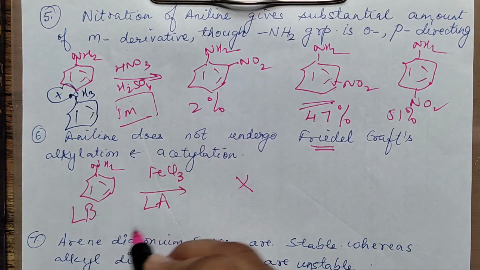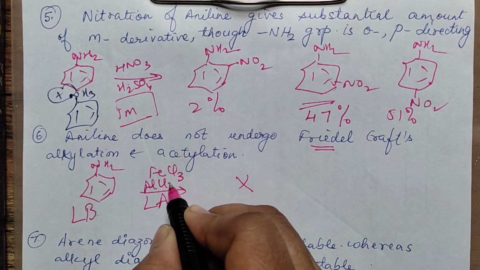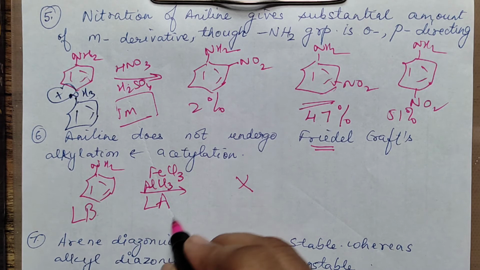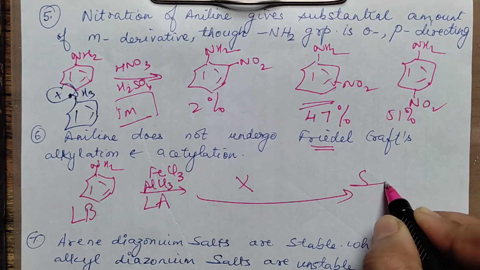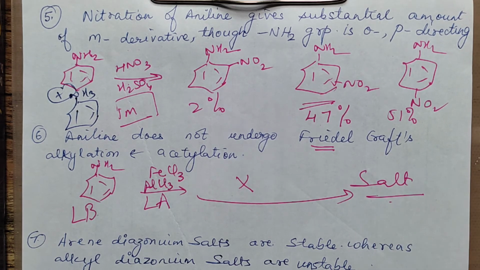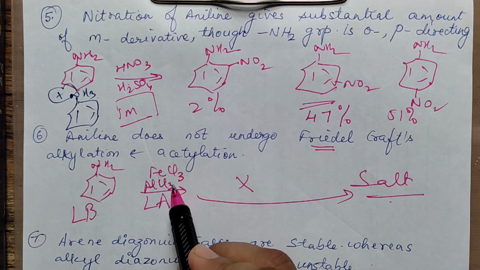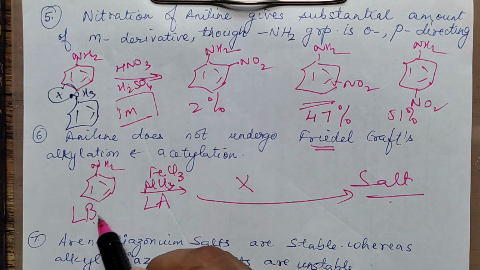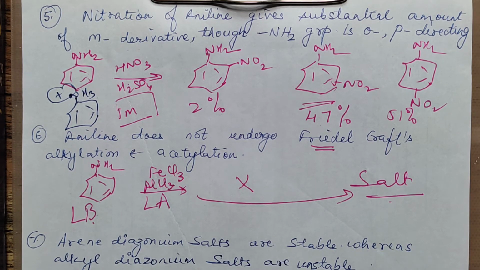These two will react. Instead of FeCl3, you can have even AlCl3 or zinc chloride. This Lewis acid and Lewis base will react and result in the formation of salt. This is the catalyst which we have used. So aniline reacts with the catalyst itself and results in the formation of the salt.